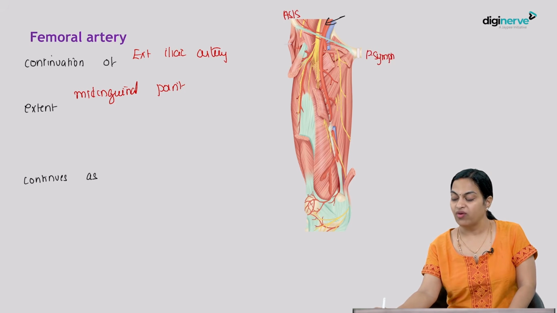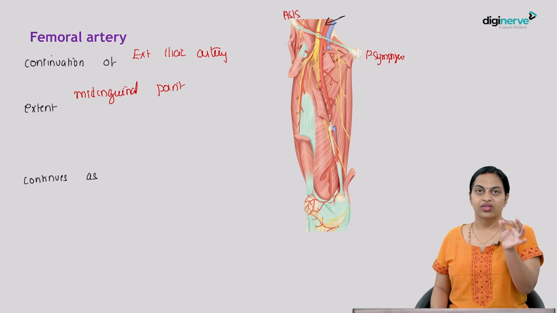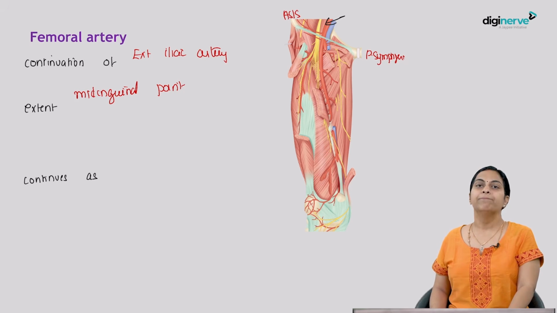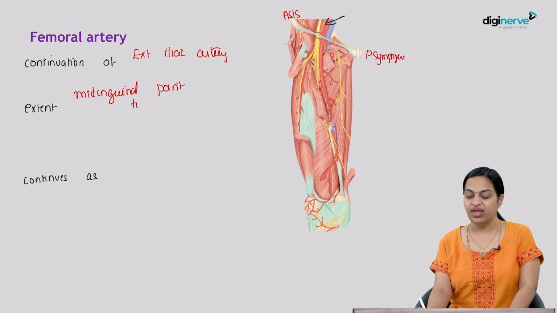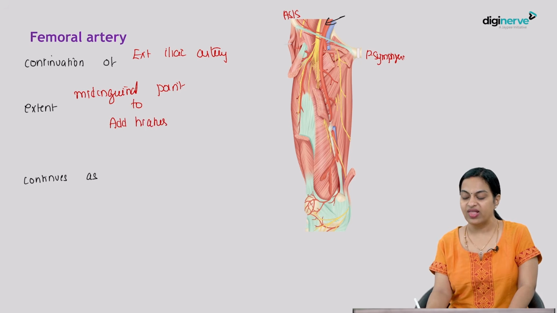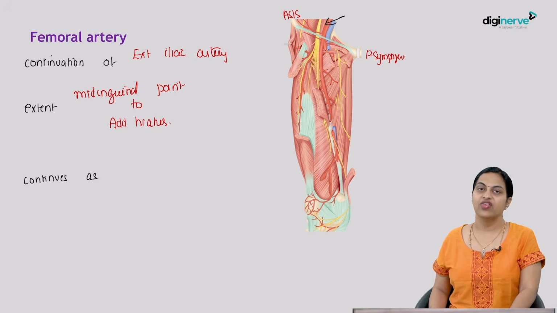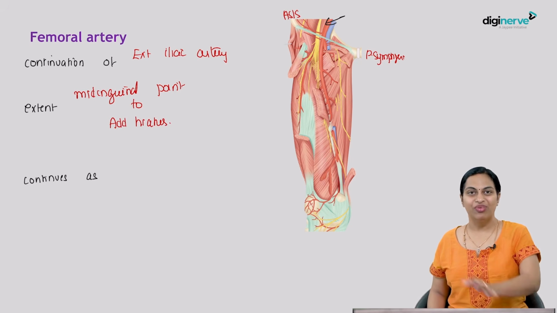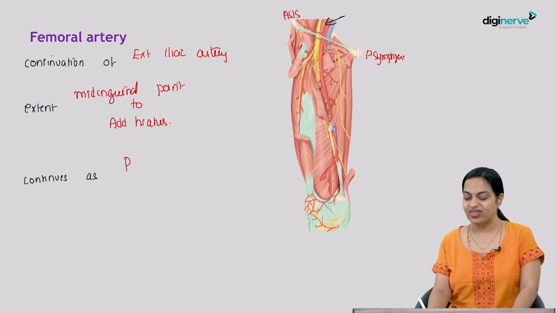From the mid-inguinal point up to the fifth opening in the adductor magnus, that is the adductor hiatus, we call it the femoral artery. And beyond that, we are going to call it the popliteal artery.